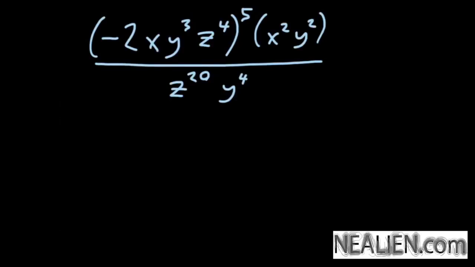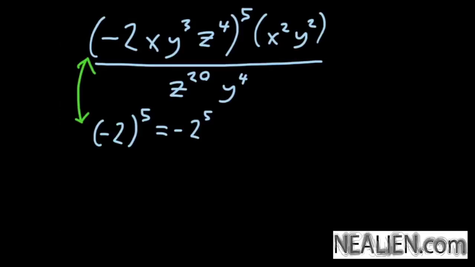Okay, so let's start with the left term on the top because it has an exponent outside the parentheses. And let's start left to right. We have a -2 and it's raised to the 5th power. So any number that's negative to an odd integer exponent is going to be negative.